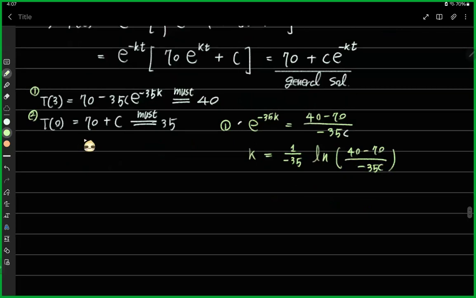And then from the second one, what's the C? C is equal to negative 35, right? So we plug C into right here, so we can figure out K.